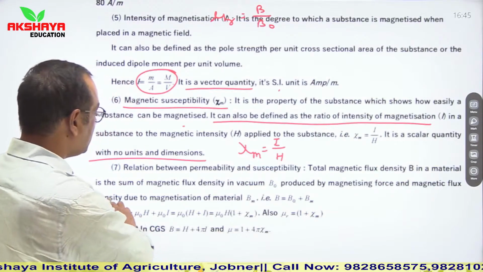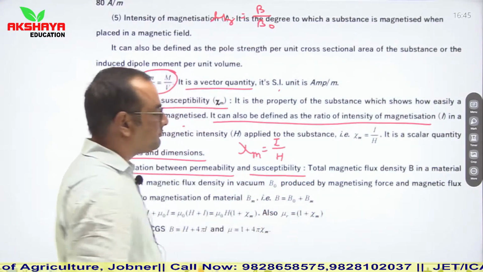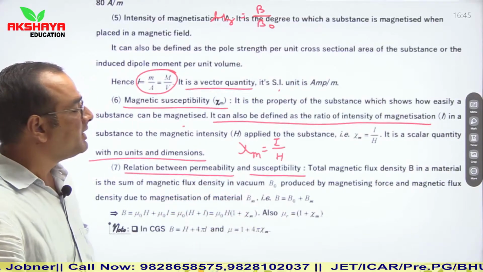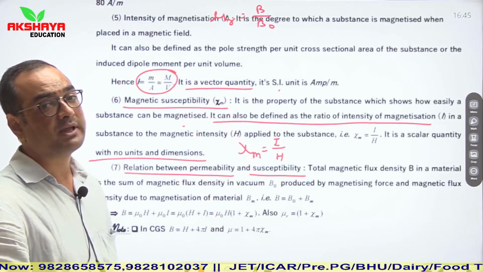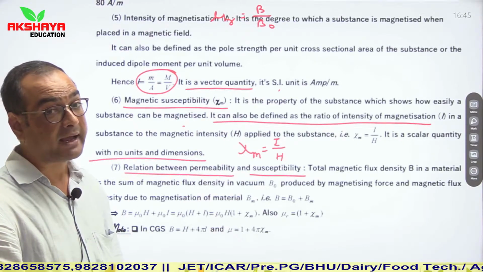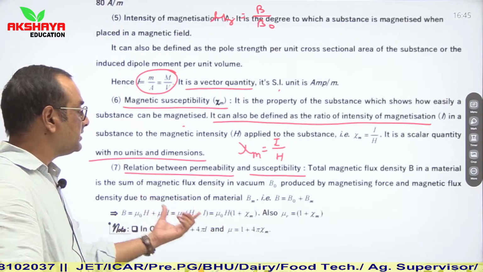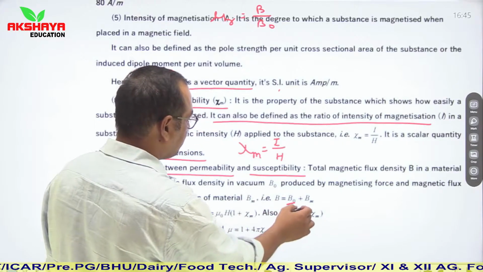Relation between permeability and susceptibility. Whenever we talk about the relation between permeability and susceptibility, we consider that any magnetic substance is placed in a magnetizing field to get magnetized. Then there are two magnetic fields, B naught and Bm.